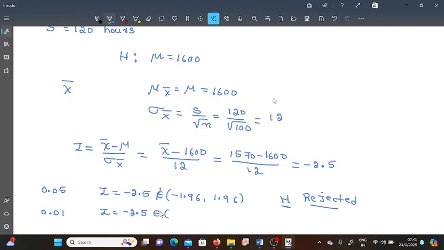Inside the given interval means the value of Z, minus 2.5, lies between minus 2.58 and 2.58, so we are accepting the given hypothesis for the 1% level of significance. This is how we can solve the given problems using Z test.